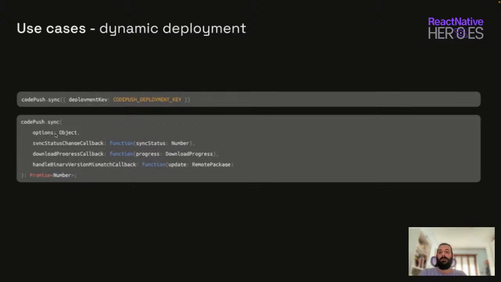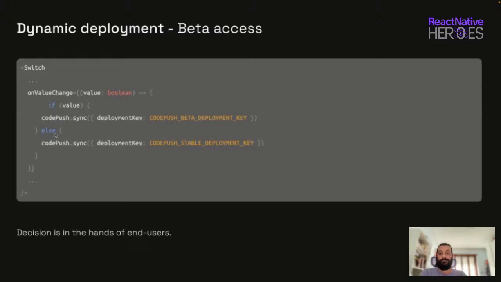But how should we choose the right deployment key in a dynamic way? We can have 2 possible ways. We can expose a user visible mechanism for changing deployments at any time.